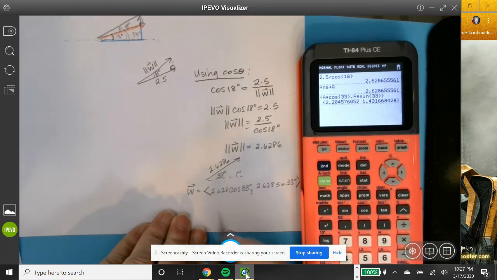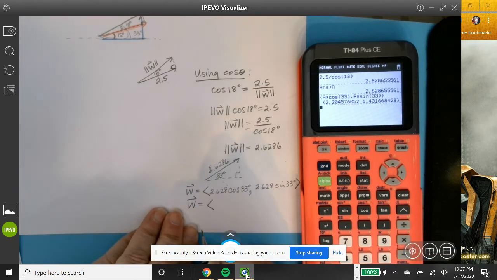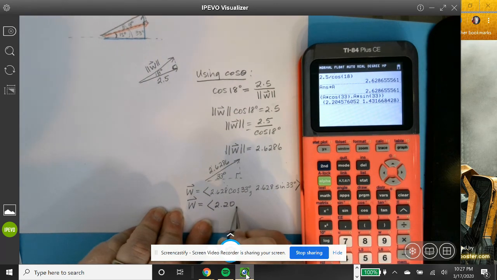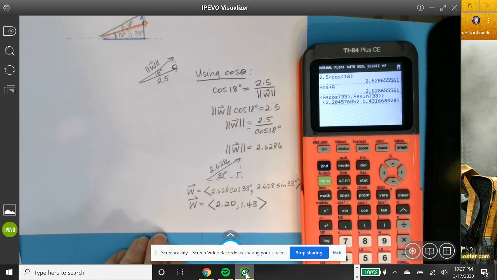So the component form of my vector for W is going to be 2.20, comma 1.43. That's the component form of the force W that I need for it to be parallel in 2.5 pounds.